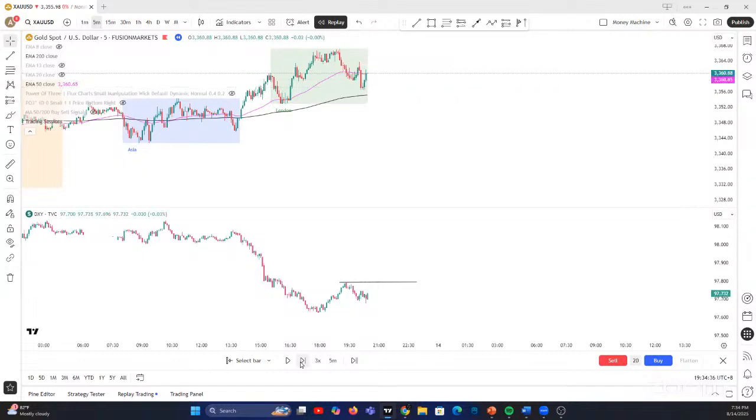Going down, sideways. Okay, there. Body candle close. So if there's a body candle close, and now it means this is going up, so gold should go down.